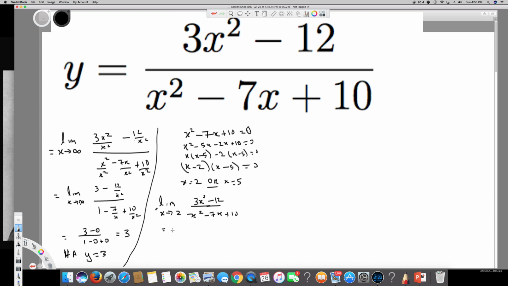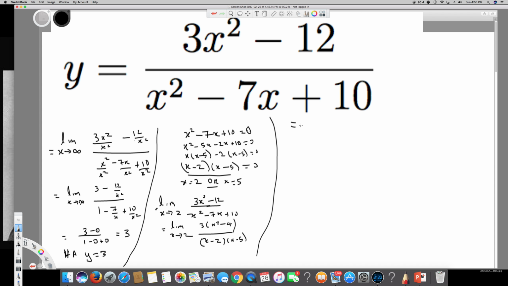I'm copying the equation. This is my equation on top, and what I can do is factor everything. If I take 3 common, it's going to be x square minus 4. Here I have factored already, it's going to be x minus 2 times x minus 5. Let's continue on the other side.